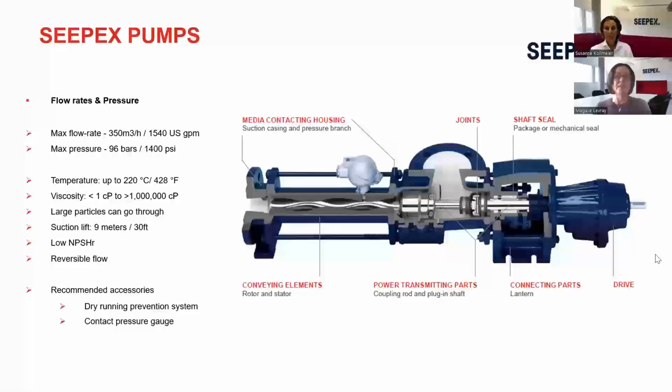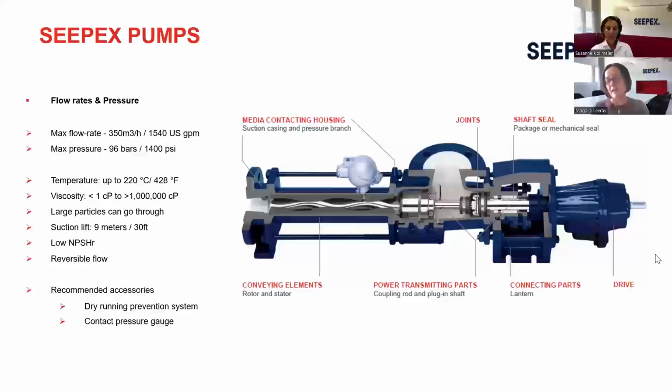If we look at the flow rates and pressure capabilities, here I think it is good to remember what our maximum flow rate is. When it comes to mining, I believe our limitation is really on the flow rate itself.